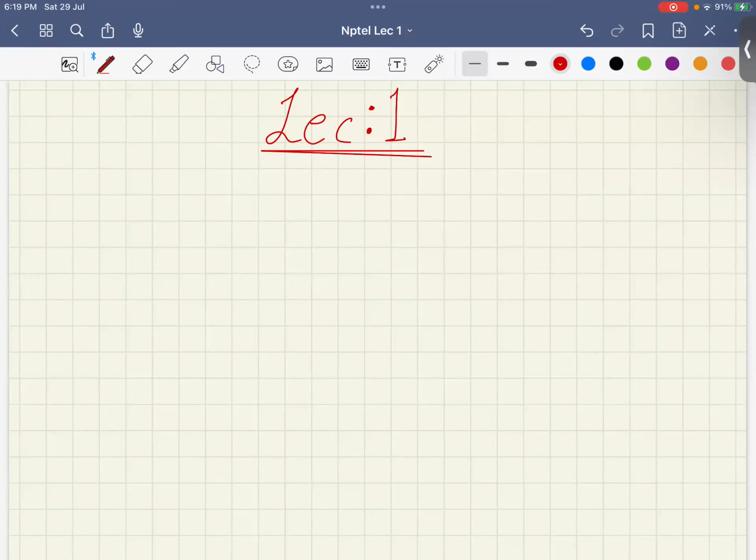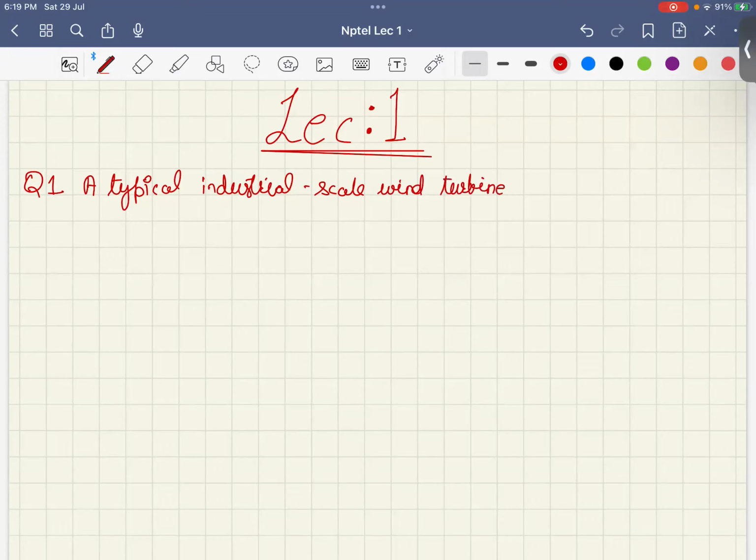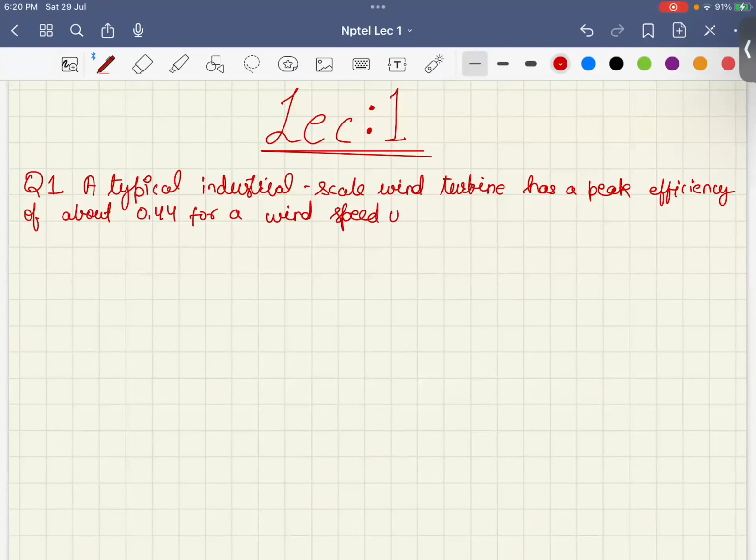Let us start with the first question. A typical industrial scale wind turbine has a peak efficiency of about 0.44 for a wind speed of 9 meter per second.